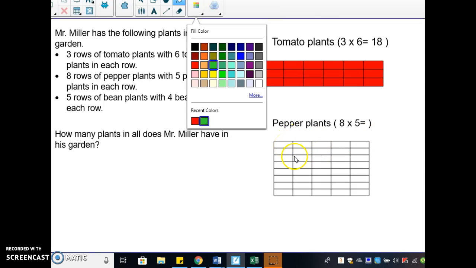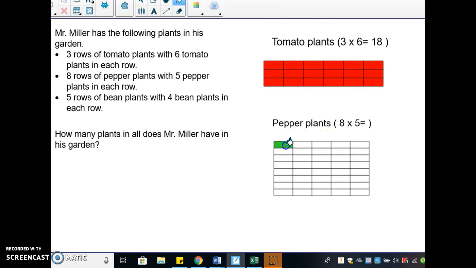So I think I'm going to just count by 5s this way. So that's 5, 10, oops, 10, that was 10, and this is 15, 20, 25, 30, 35, 40.